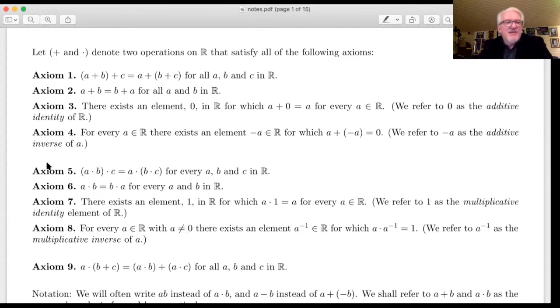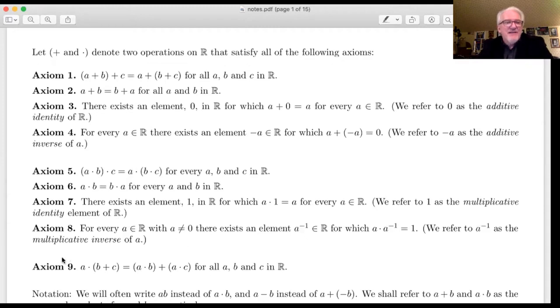And so these four together say that the set of real numbers minus 0 are associative, commutative, have an identity element, and have multiplicative inverses. So the real numbers without the element 0 form an abelian group. So we know lots about that as well.